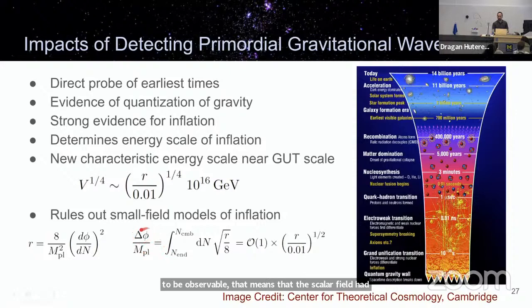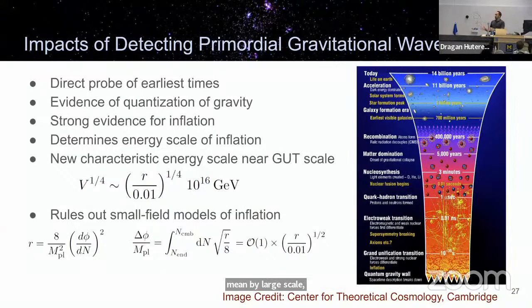Specifically, the field space traversed by the scalar field is given by the square root of r over 0.01. And specifically, if r is observable, that means that phi went over what's called a super-Planckian distance in field space. That's what we mean by large field models of inflation.